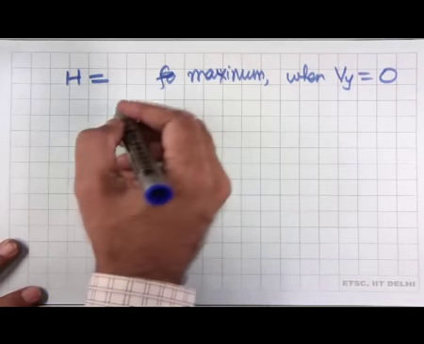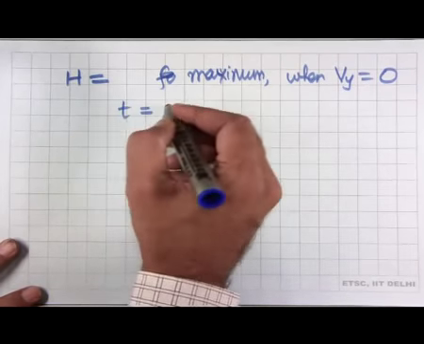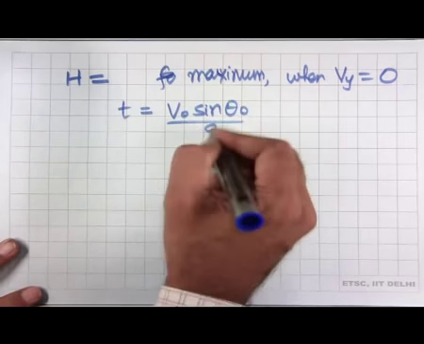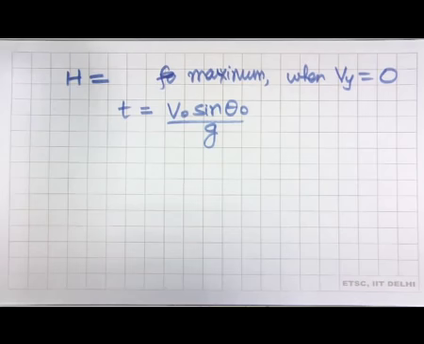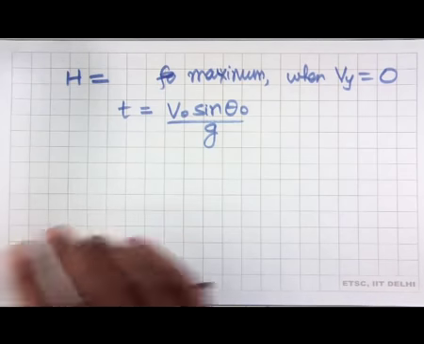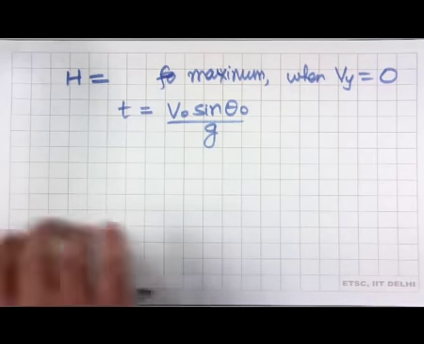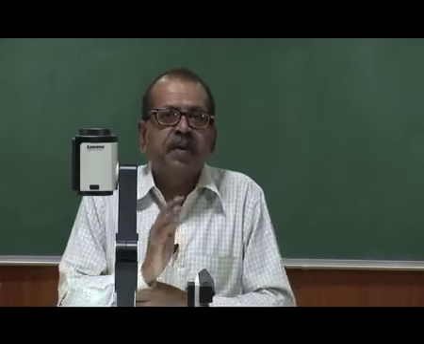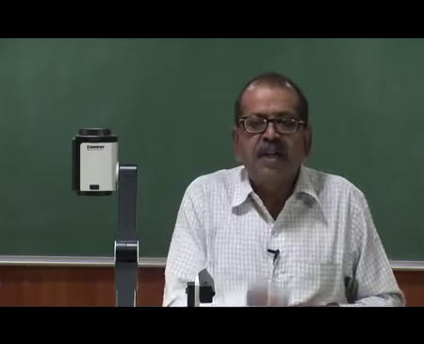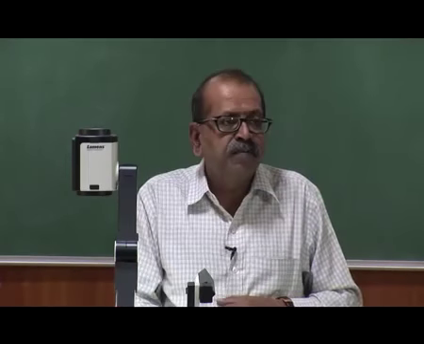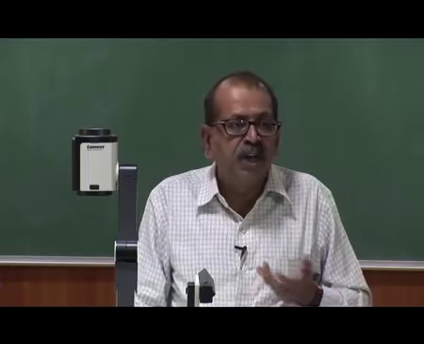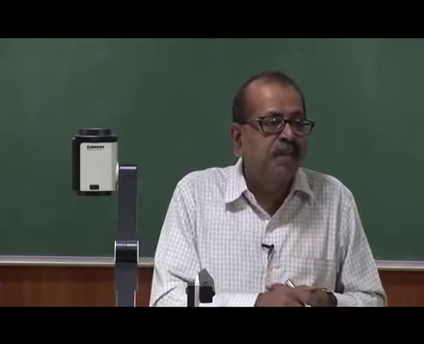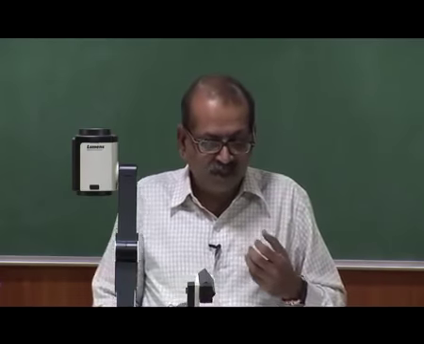So, when you put Vy is equal to 0, the time turns out to be V0 sin theta 0 upon g, and you will realize this is half the time it takes to reach the same level. This should be expected because the time a particle takes to go up is the same time it takes to come down in 1D motion, and the vertical 1D motion in a projectile is decoupled from the horizontal motion.